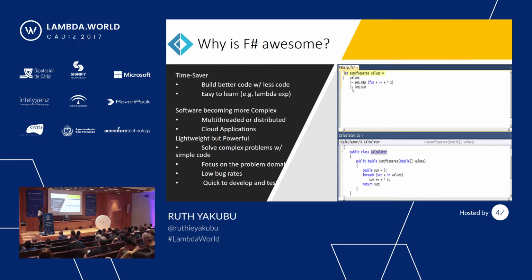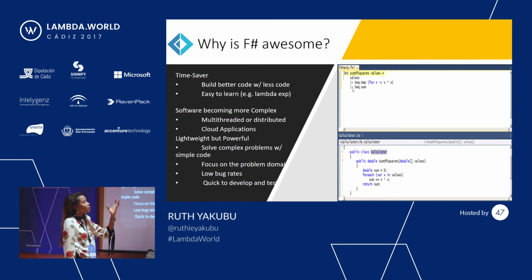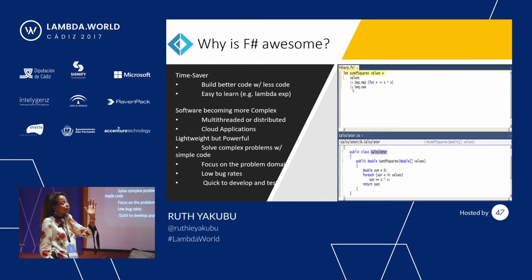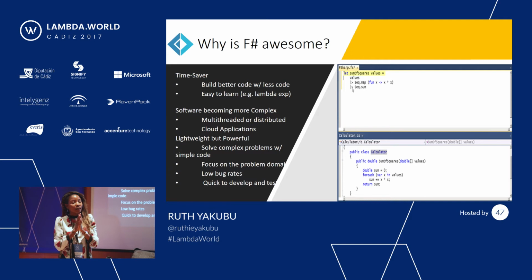So this is an example of writing code in F#. If you can see, this is a simple function that you want to take the sum of squares. So you declare what the function is, you pass in the values, you have a pipeline. So you can pass in the values into multiple functions all within one code.